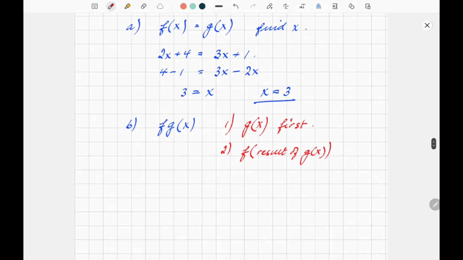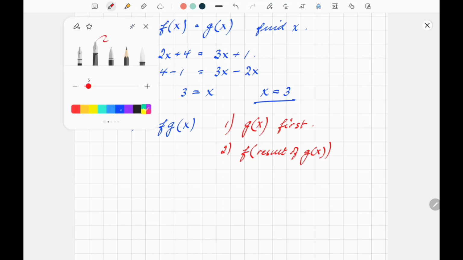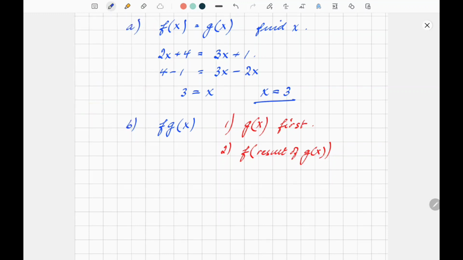So effectively what that means is we know that g of x is 3x plus 1. So the result of that goes into f, so 3x plus 1. Remind yourself that f of x is 2x plus 4.